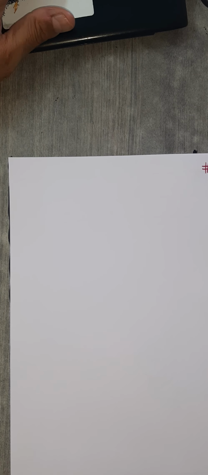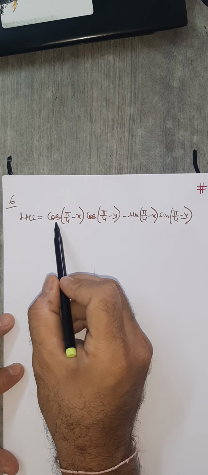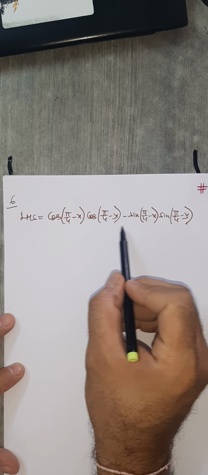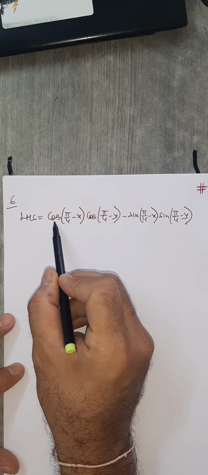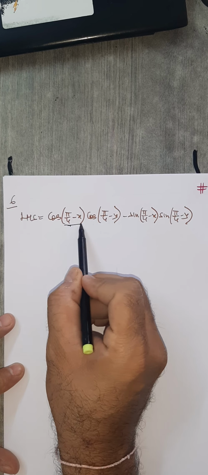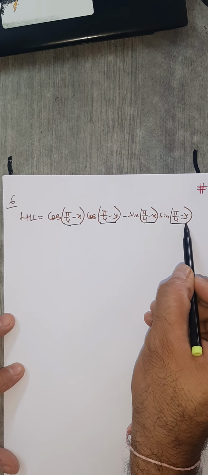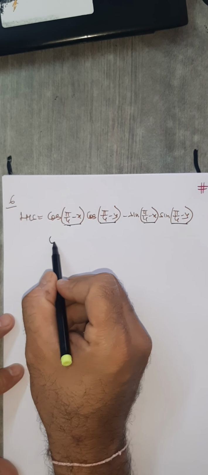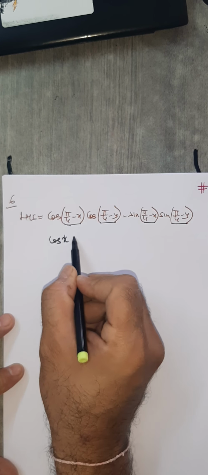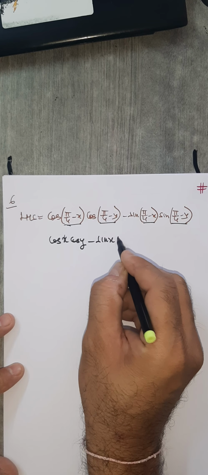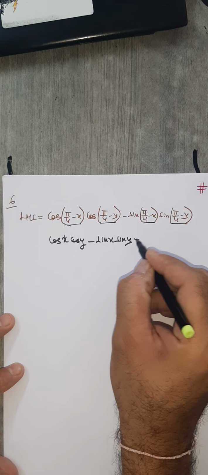Okay. The next question that is here, let me go to question number 6 here. Cos of this minus sine of this. If you read it, this looks like cos x into cos y minus sin x into sin y. So this is nothing but this addition formula, cos x into cos y minus sin x into sin y. Now this is which addition formula?